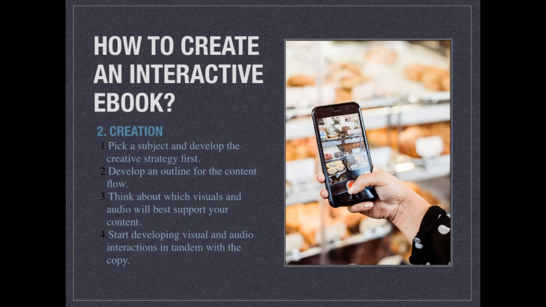Make sure that your visuals are suitable for preschoolers. Use cartoons or interesting images to support your interactive ebook. Then develop the visual and audio interaction in your draft copy of the interactive ebook. How? I'll show you later.